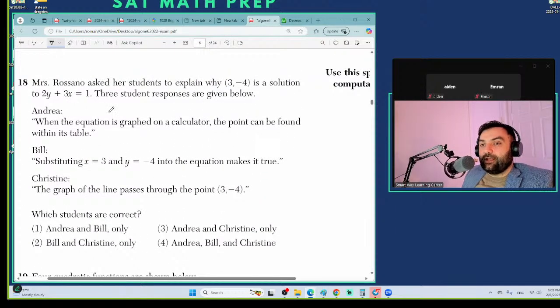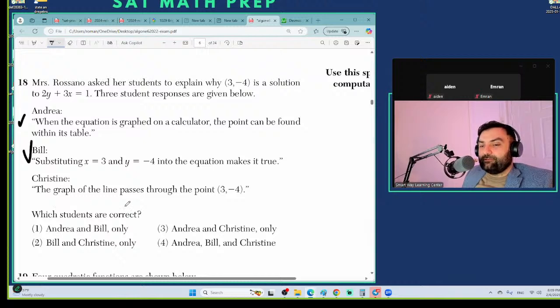Mrs. Rosanna asks her students to explain why (3, -4) is a solution to this linear function. 3 students responded, as given below. When the equation is graphed on the calculator, the point can be found within the table. Substituting 3 for x and -4 for y into the equation makes it true. That's also legit, and this is legit.